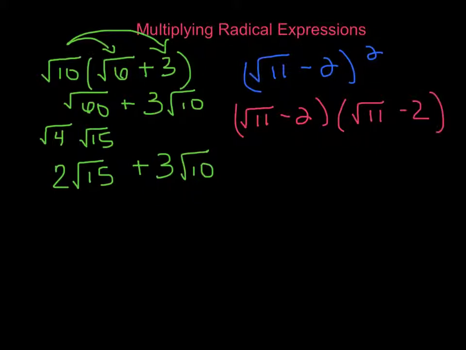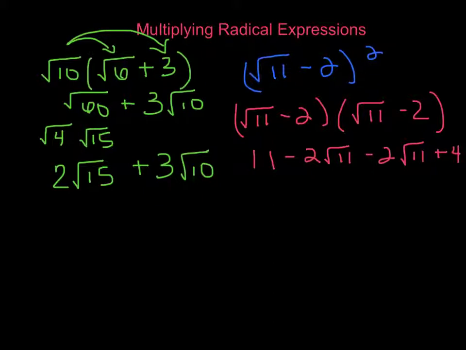Well, this looks a lot like when you needed to FOIL. So when I multiplied my firsts, when you take the square root of 11 times the square root of 11, you should get 11. And then you multiply your outers, so that would be minus 2 times the square root of 11. Then you multiply your inners, and you get minus 2 times the square root of 11. And then you multiply your lasts, negative 2 times negative 2 would be 4.